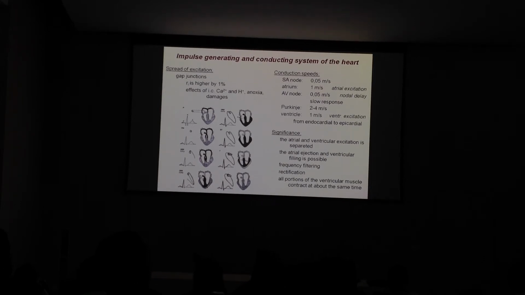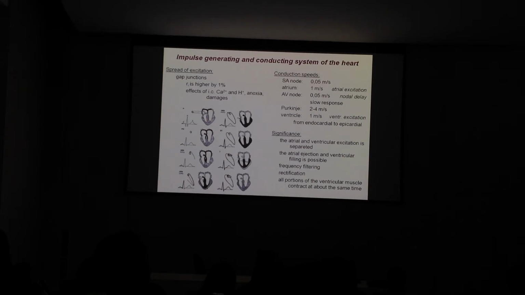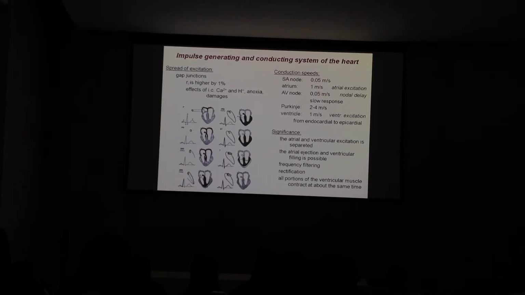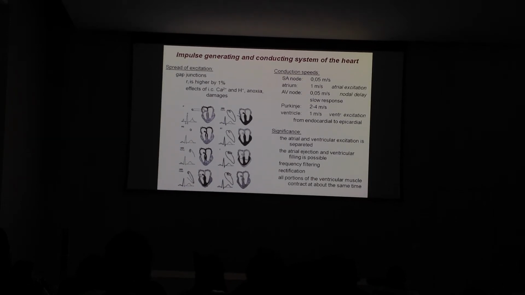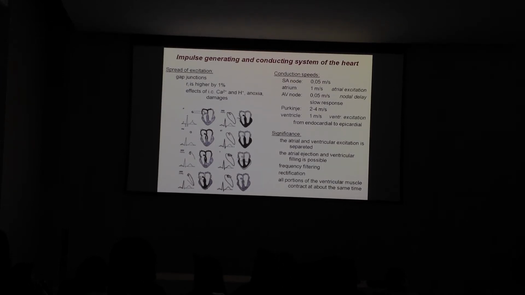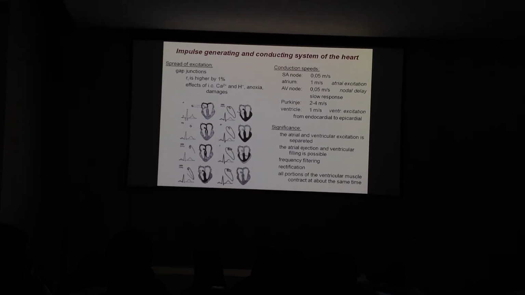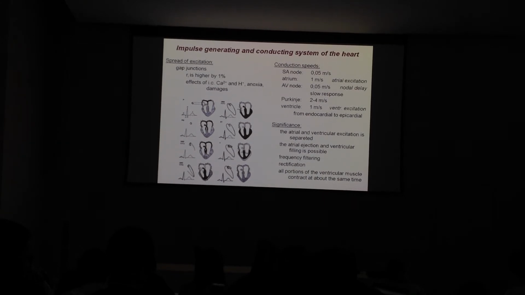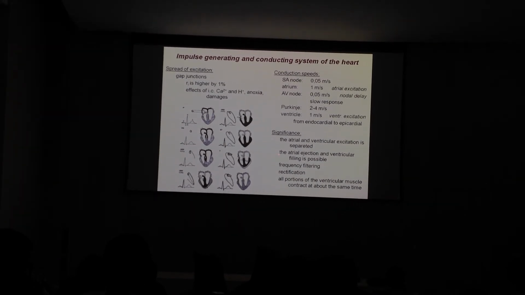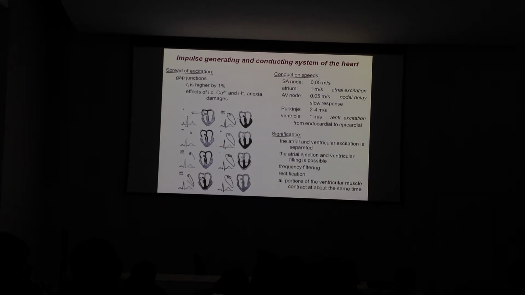After the action potential reaches the ventricular muscle fibers, they contract, the ventricular systole develops, the blood cannot flow further into the ventricle, and the ejection begins towards the large arteries. Therefore, atrial ejection and ventricular filling happen one after the other, as they should.